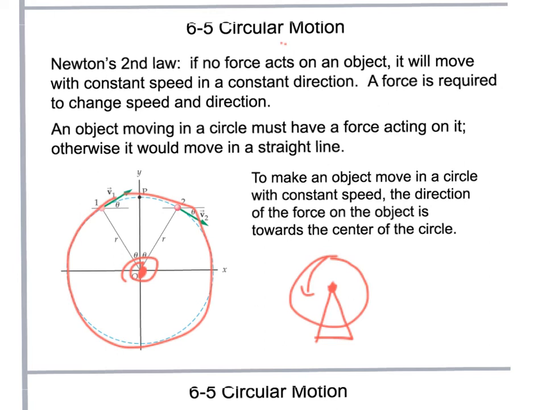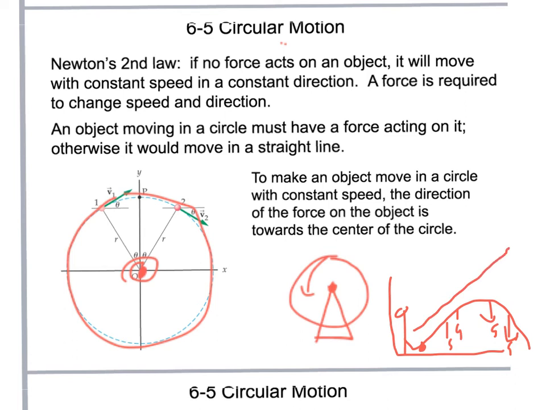Again, think of projectile motion: if you have the football or the soccer ball, and the guy comes up and kicks it, it goes in a parabolic path. Gravity is acting downward on it, pulling it in that parabolic path. If there was no gravity, it would move at constant speed and with constant direction. It would just go off that way.